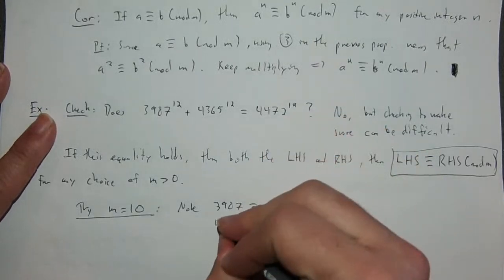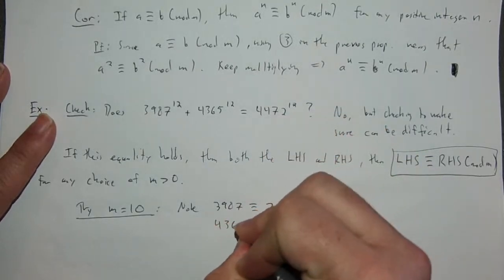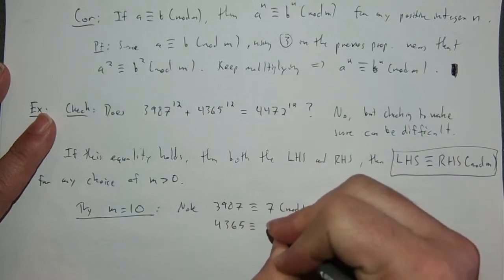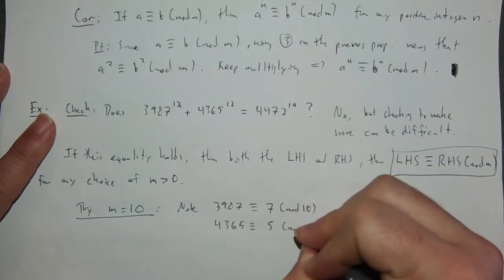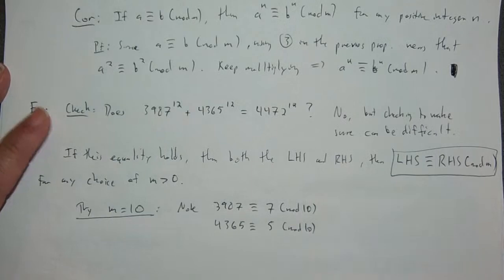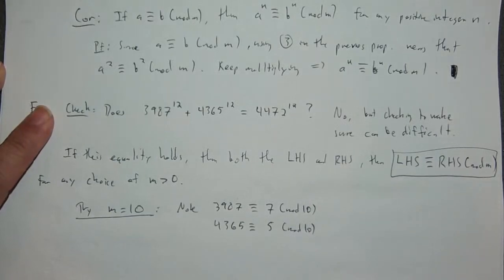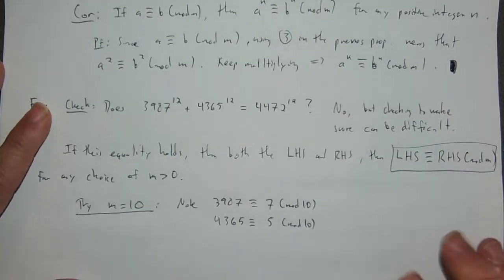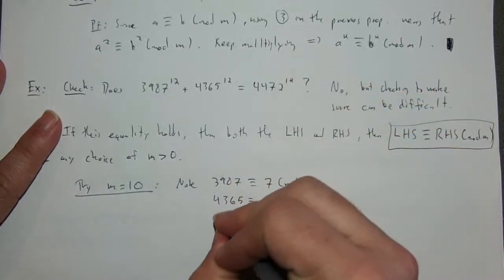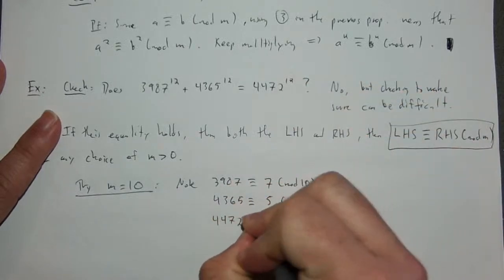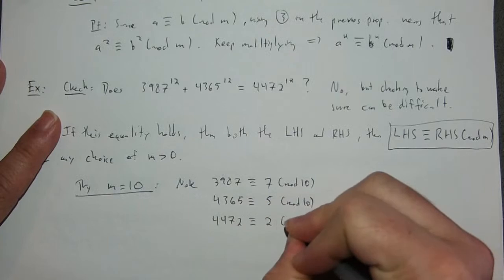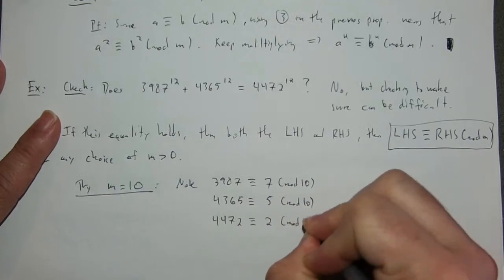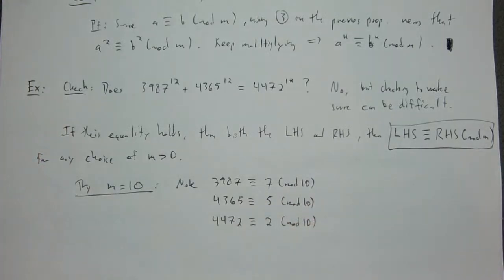So 4,365 is congruent to 5 mod 10. Okay. And lastly, the right-hand side, 4,472 is congruent to 2 mod 10.